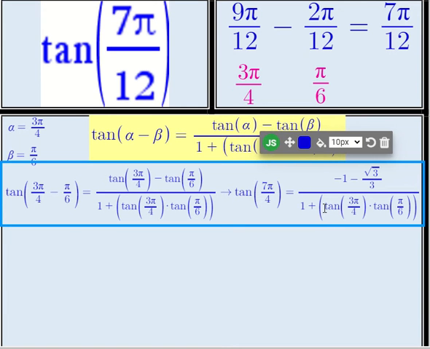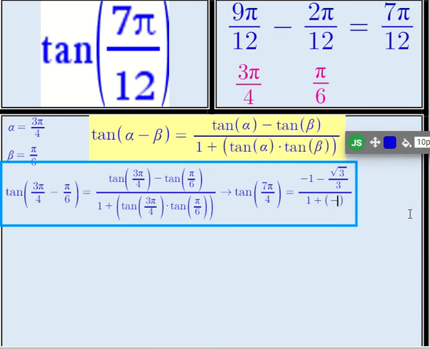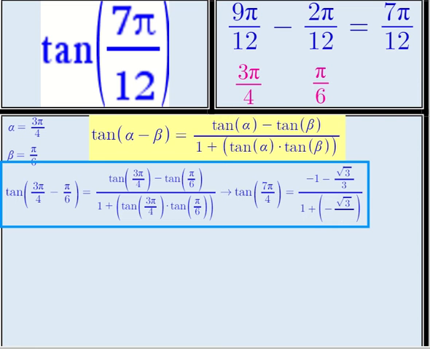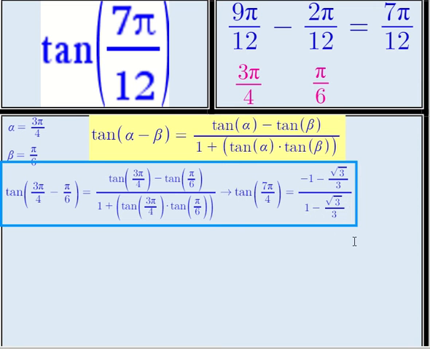So we have negative radical 3 over 3. And of course, 1 plus negative radical 3 over 3 is really, we just take away the plus because it's 1 minus radical 3 over 3.